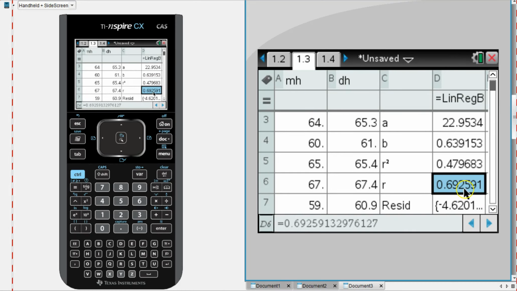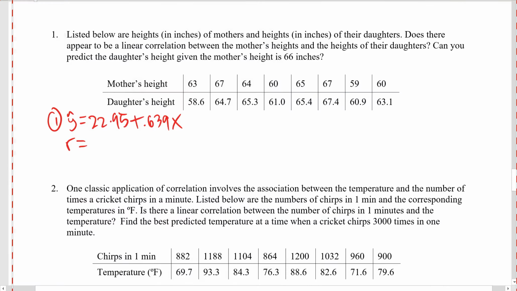Well, we got 0.692. That's kind of right on the edge. It's outside of that threshold. So what we're going to do is say, well, let's look at the other things, but this right here isn't going to be super strong at predicting.